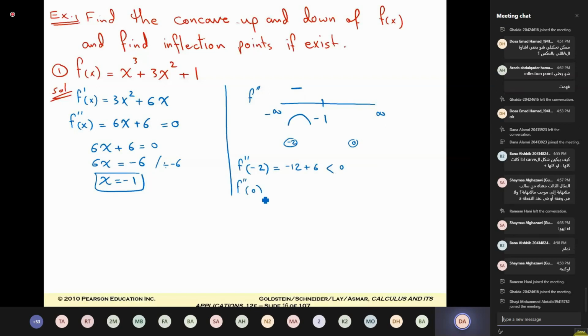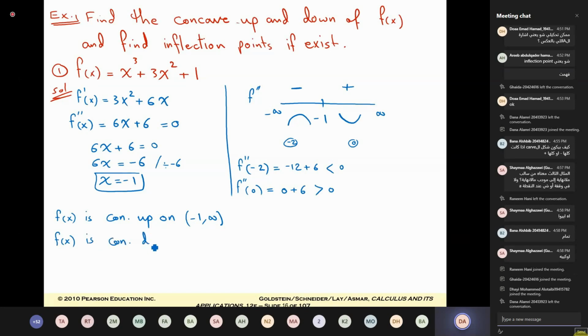F double prime of 0 equal 0 plus 6, this is positive, so this is concave up. Now we can conclude f of x is concave up on the interval from minus 1 to infinity, and f of x is concave down on the interval from minus infinity to negative 1.